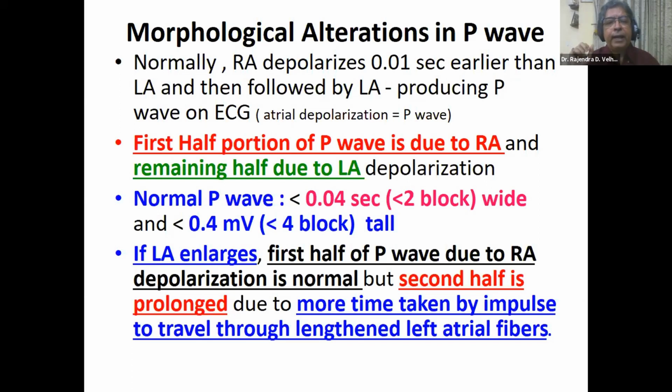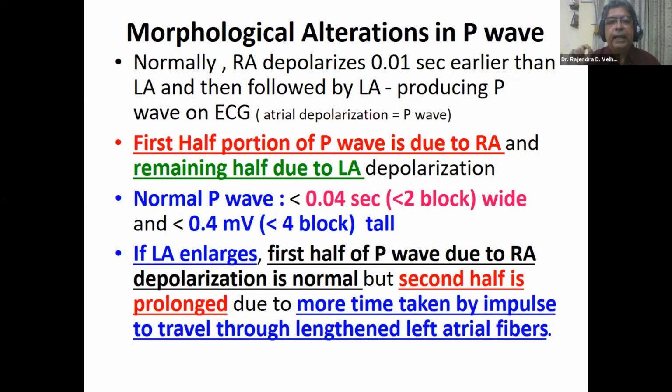Now, if the left atrium enlarges, what will happen to the P wave? When the left atrium enlarges, the first half of the P wave, which is formed due to the right atrium, will depolarize normally. But for the second half, since the left atrium is enlarged, the impulse will take a little longer to travel through the lengthened fibers of the left atrium.